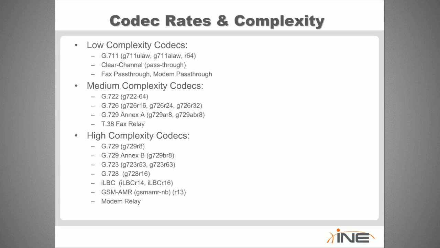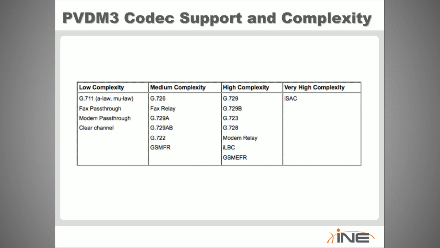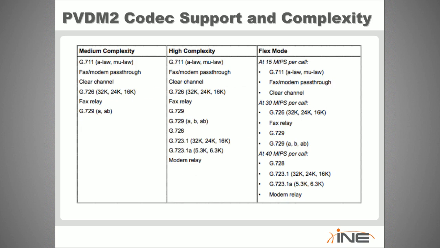Looking at PVDM2 codec support. We're not going to take a look at PVDM1, the original, the C549 chips, or any of the other chipsets, just because they're really not relevant to our lab. We will briefly look at PVDM3s just because they're relevant to real life, probably much more so today.